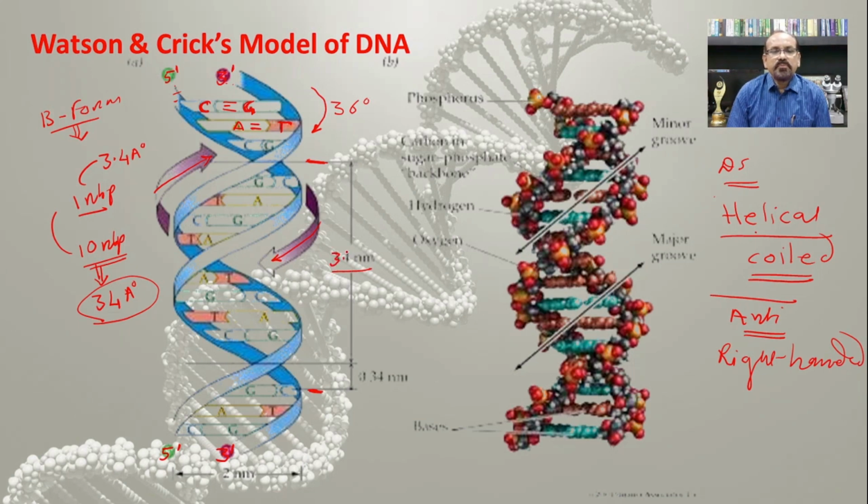This 34 angstrom unit is nothing but equal to 3.4 nanometer, and 3.4 angstrom unit is nothing but 0.34 nanometer.